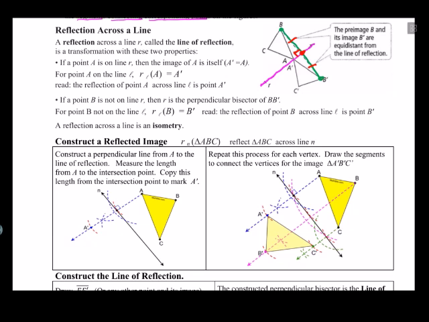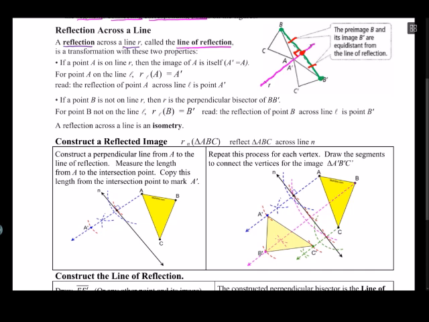Our vocabulary: a reflection across line R, which is our line of reflection that we just talked about, has the following properties.